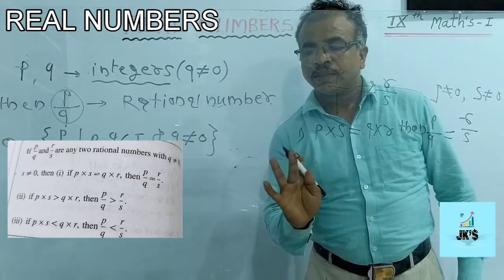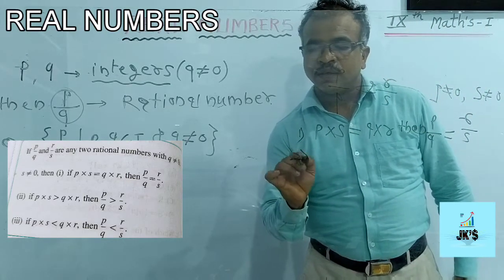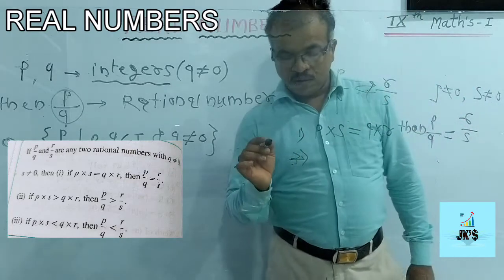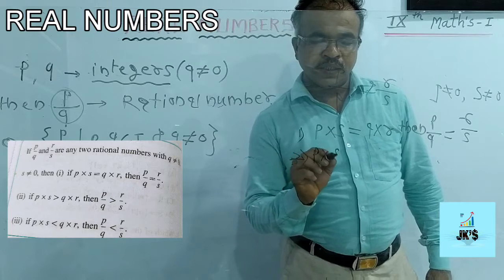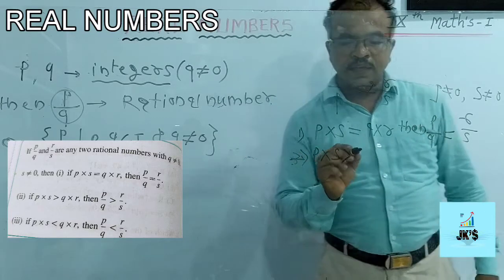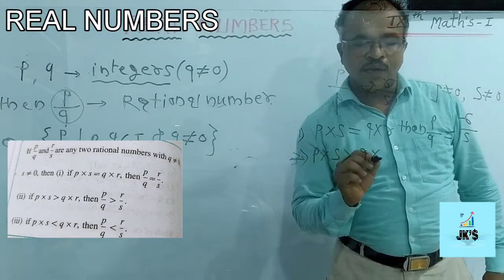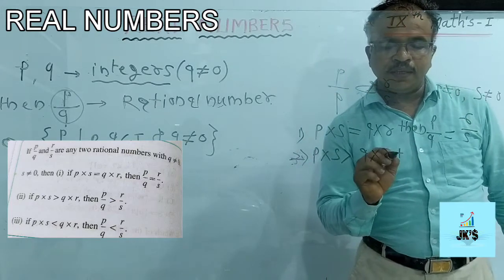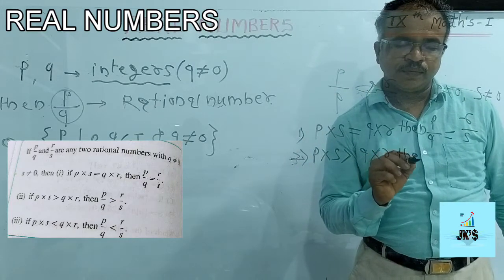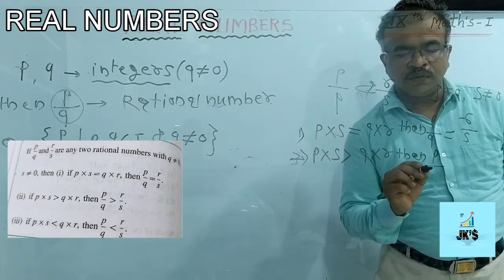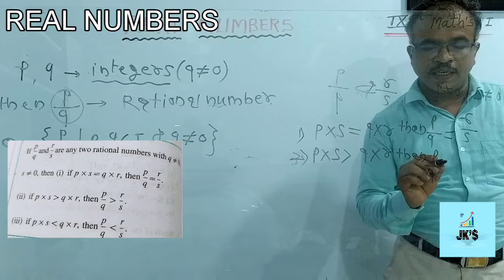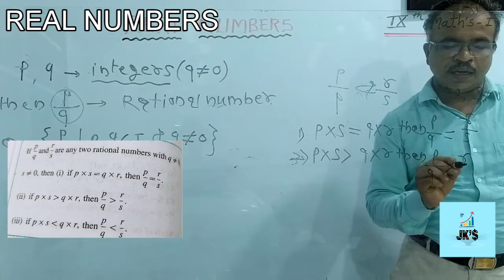Second case, if p into s is greater than q into r, then p upon q is greater than r upon s.